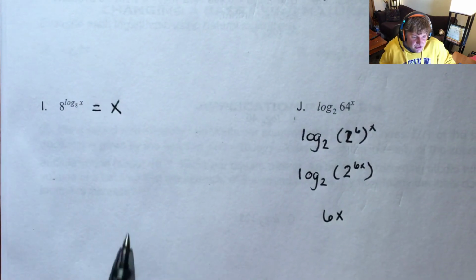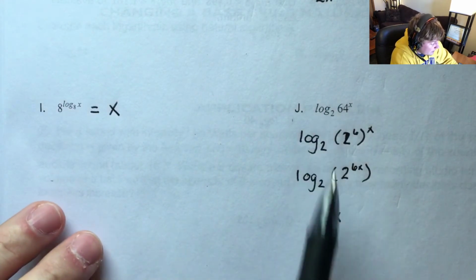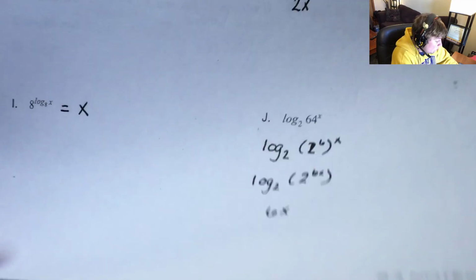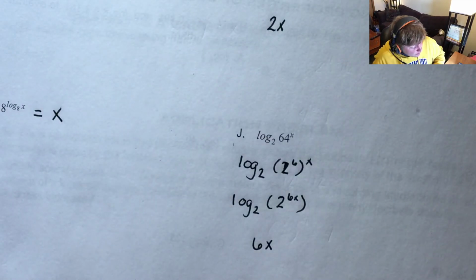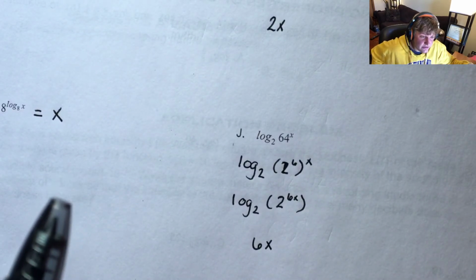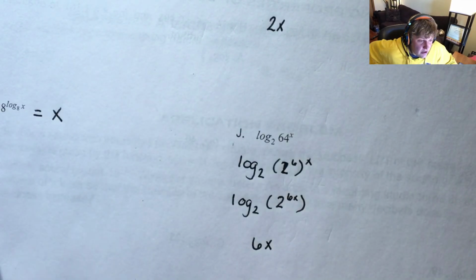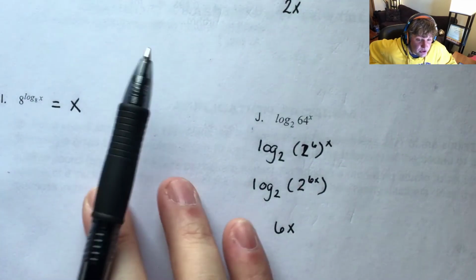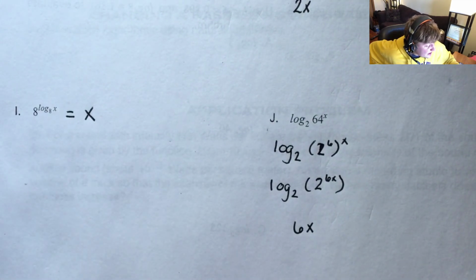So this is the inverse relationship between an exponential function and a logarithmic function. This is the end of this particular lesson, and just the beginning of the inverse relationship between exponential functions and logarithms.